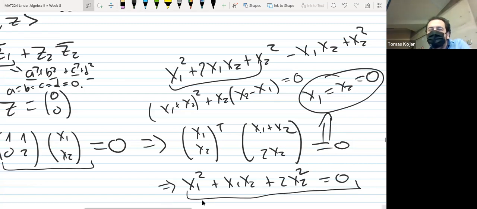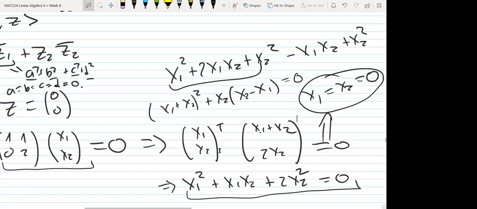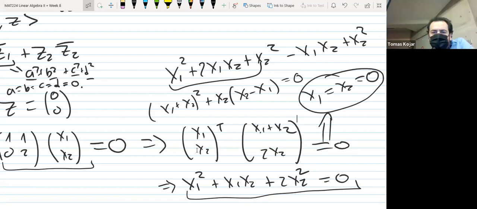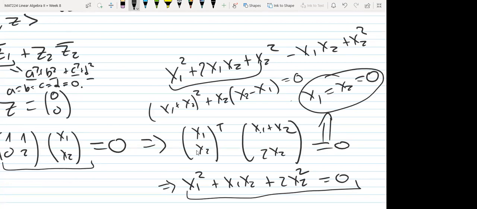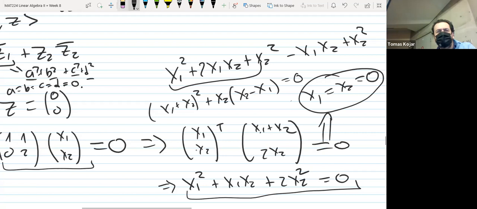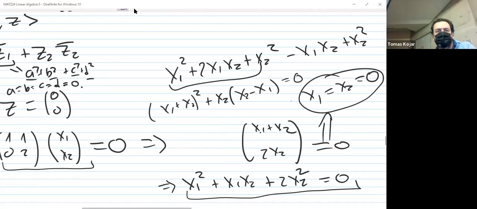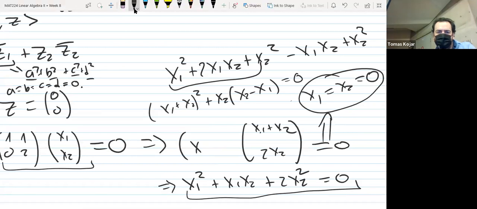No, I mean, how do we get the x1 squared plus x1 x2 plus 2x2 squared equals 0? Oh, so here you just multiply out. You multiply this times this vector, which is just the dot product.